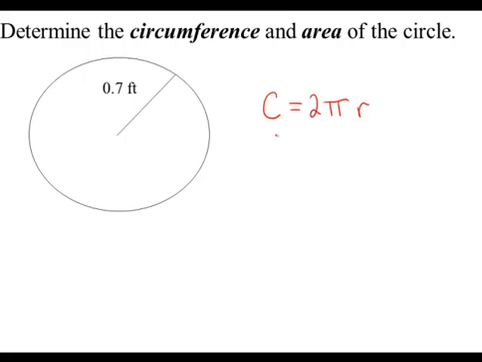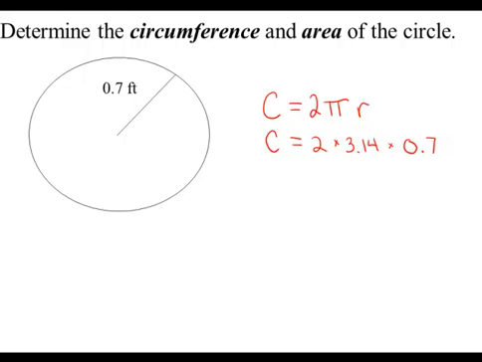Now that we're in the decimals chapter, we will use the decimal equivalent of the approximation to pi, which is 3.14. For this problem, our radius is 0.7. So we want to multiply these 3 numbers in order to find the circumference of the circle.